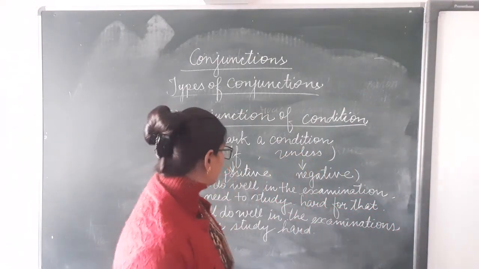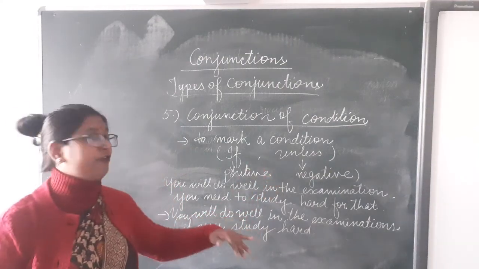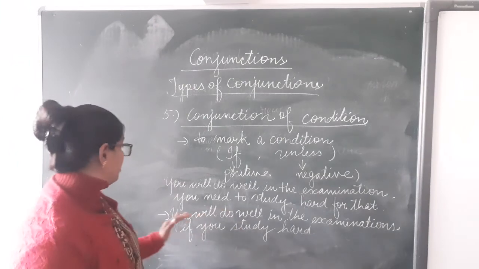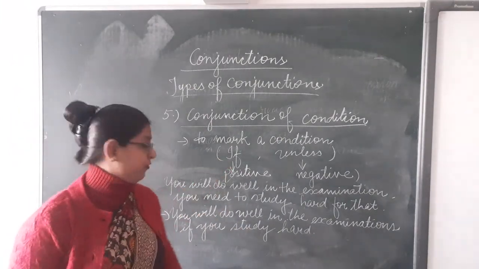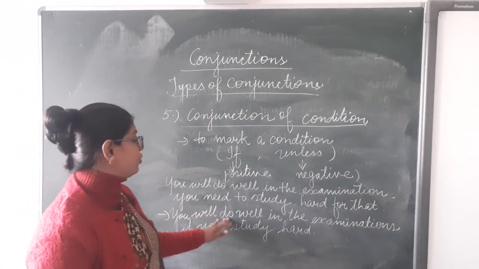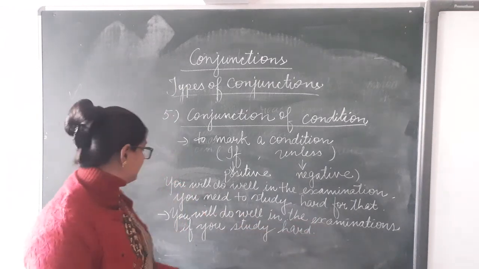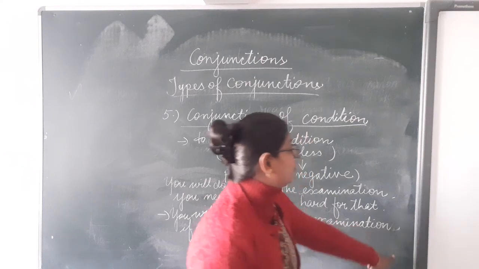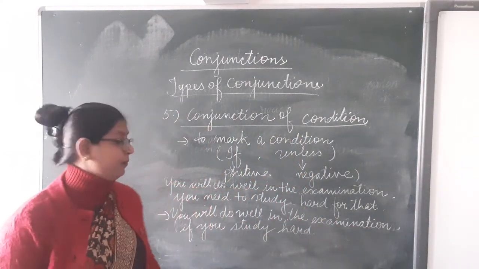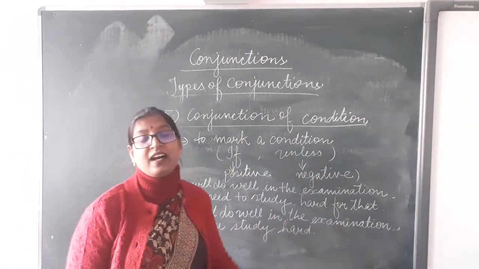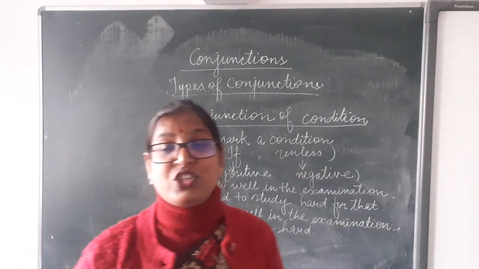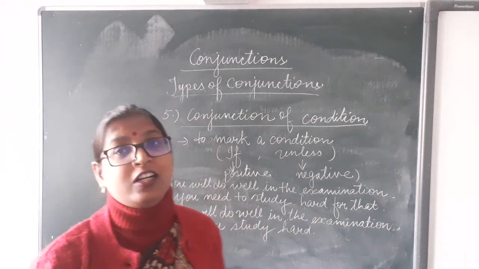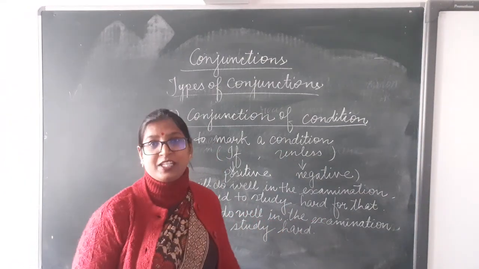Clear? So, if we join this sentence as a positive sentence, we use the conjunction if. You will do well in the examination if you study hard. Condition. If you study hard, then only you will do well in the examination.